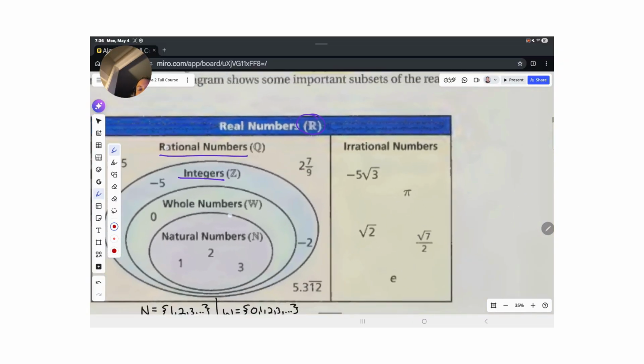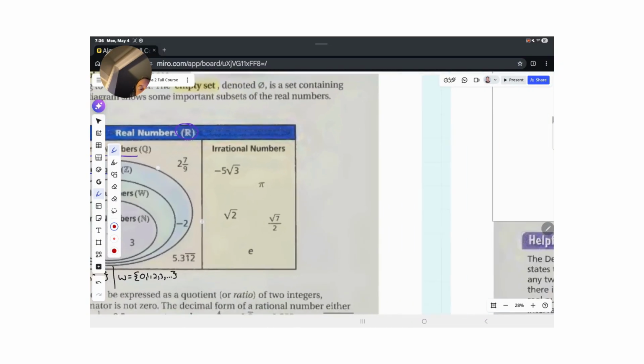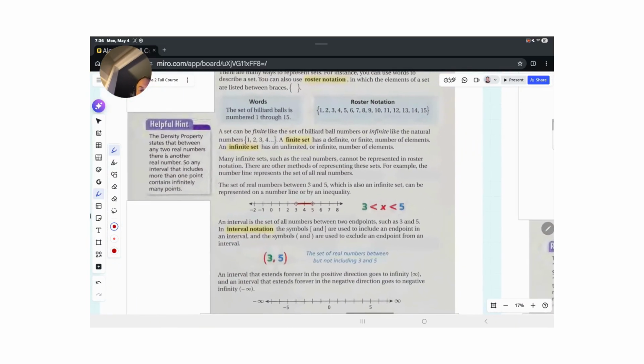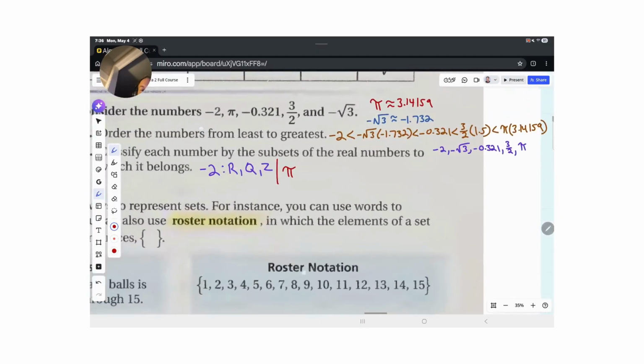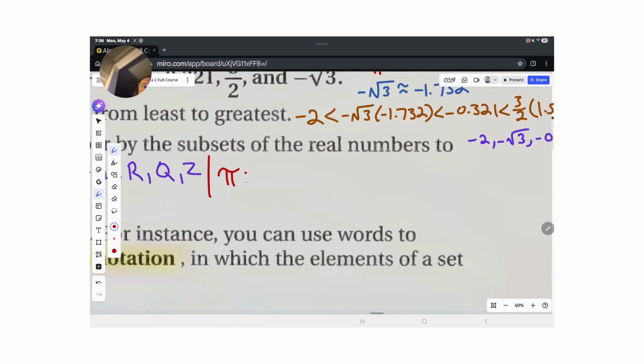So we have real and irrational. Let's write R, and we'll just write that out, irrational.